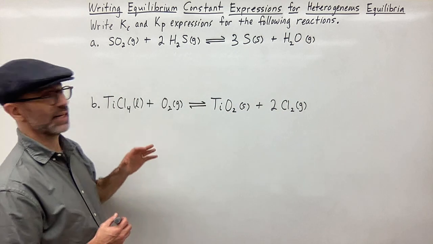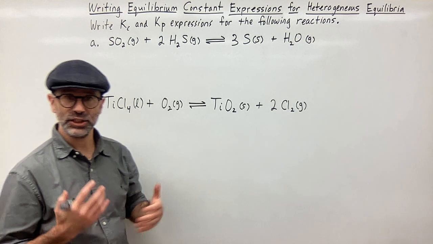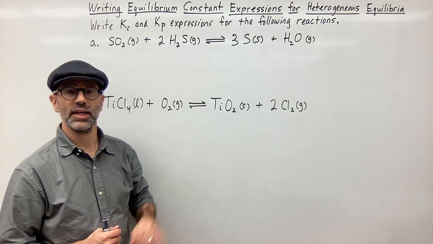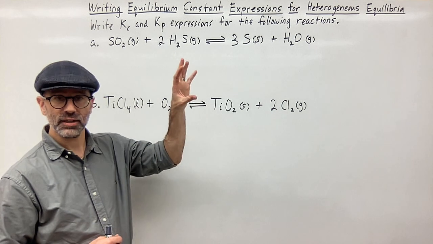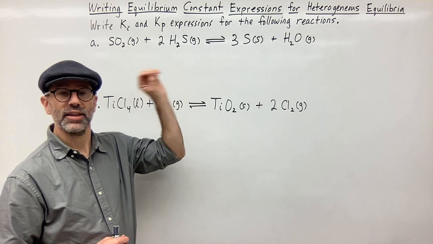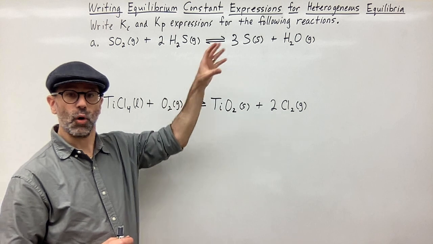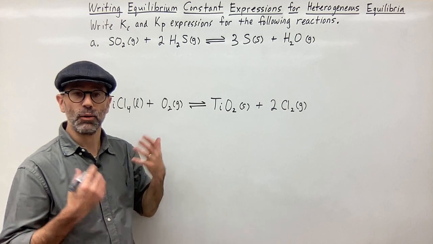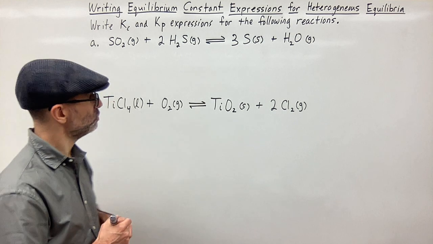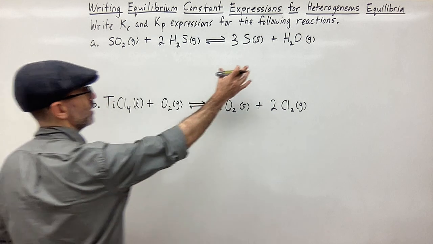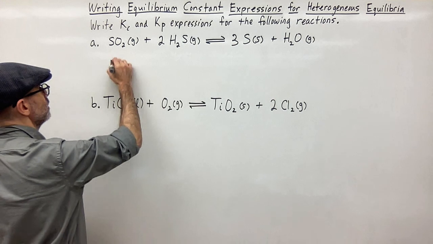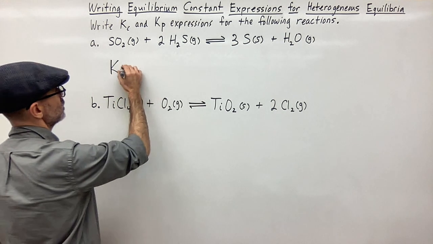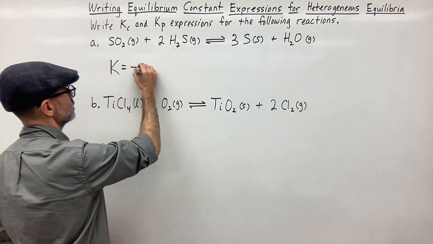In this case, again, the expression of your equilibrium constant K is going to be the multiplication of the products over the reactants raised to the powers of their coefficients. So K is equal to products over reactants.